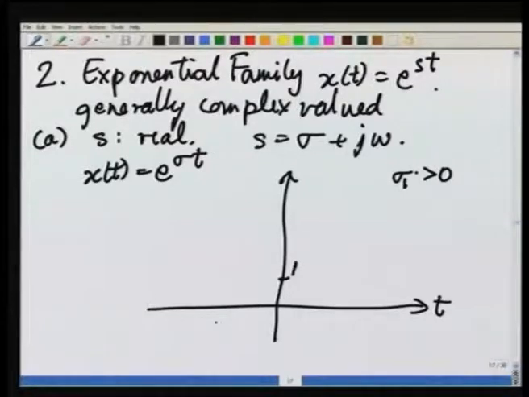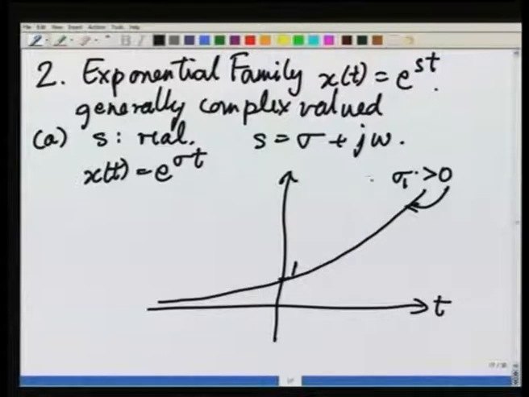This is 1. So, this particular curve corresponds to this choice of sigma. Now, let us take sigma 2 greater than sigma 1 and therefore, also greater than 0. We would get a curve like this.